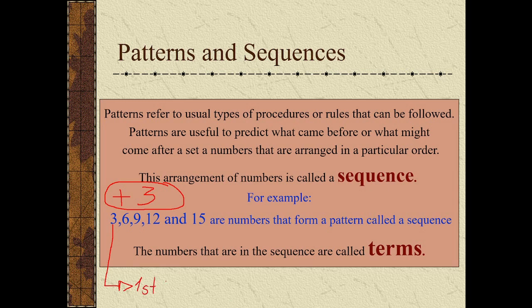In symbols, we will be having a sub 1 for that. Same thing with the second term. We will be having a sub 2 for the second term, a sub 3 for the third term, and so on and so forth. Now, let's concentrate on searching for patterns first.